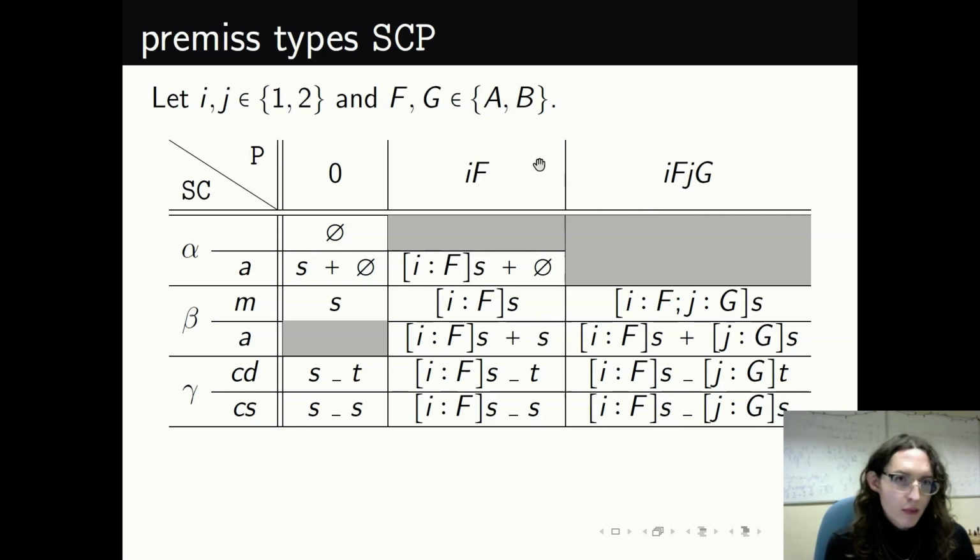Because we only look at at most two active formulae, we pick our f's and our g's from the set of formula A, formula B, which you could then use to build up our principal formula from. So this is either A in position i or B in position i, and i is just in the first or the second component. So you have A in the first component, A in the second component, if f is A and i is 1 and 2 respectively, and here similarly you can have A in the first component, A in the second component, A in the first component, B in the second component, B in the first component, A in the second component, and so on. And this is what we express using the position.